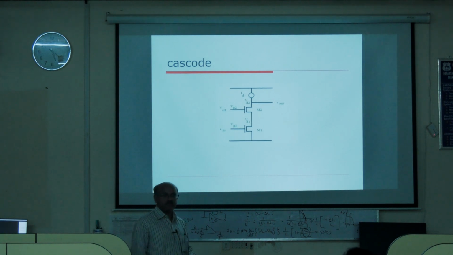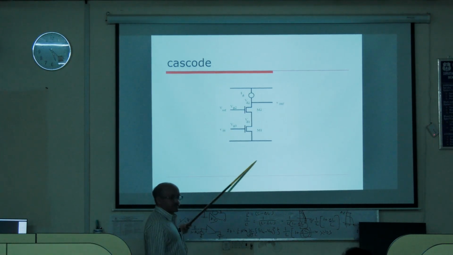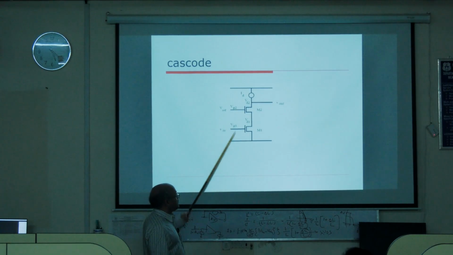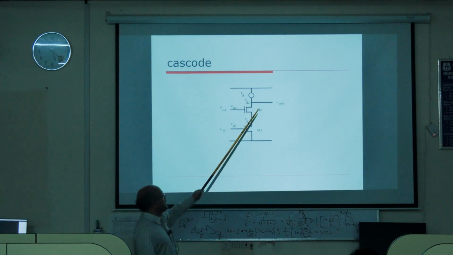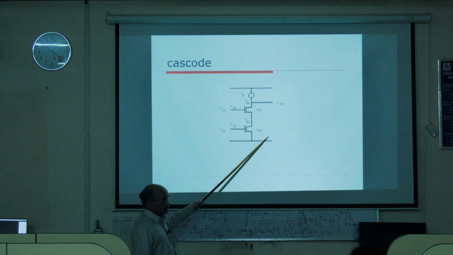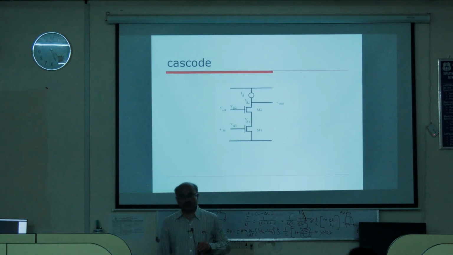This is not for this transistor, this is for the circuit. The circuit is viewed as if a single transistor, input here, output there. dID by dVG1 is the effective transconductance, gm effective. Similarly, dID by dVD2 is the effective conductance, g0.